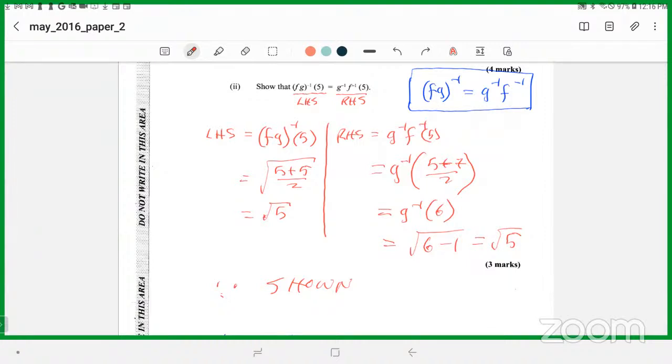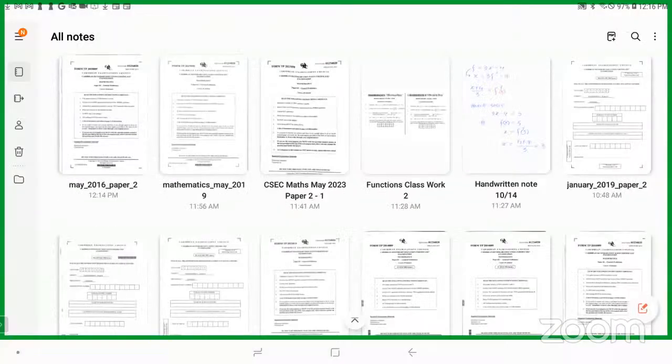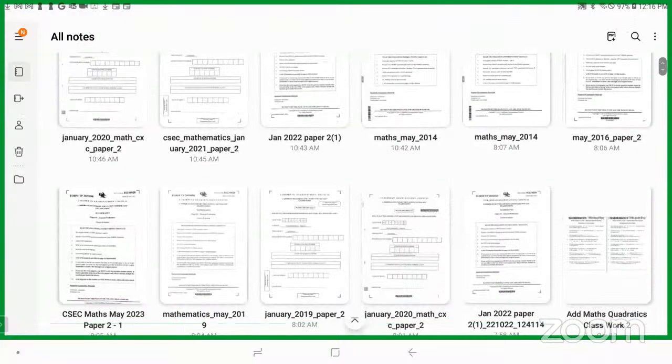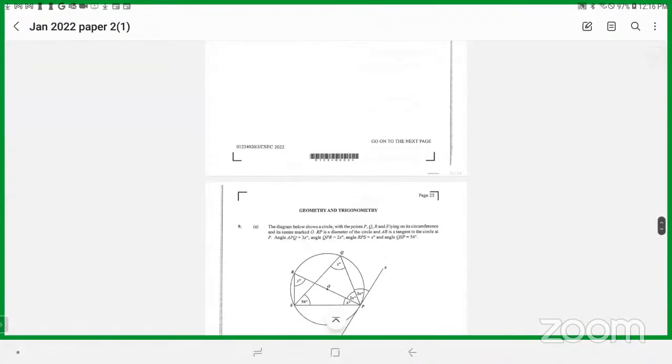There is a functions question on January 2022. Let's find it. 2022 January right here. Question 4 is a functions question there. Let's see.